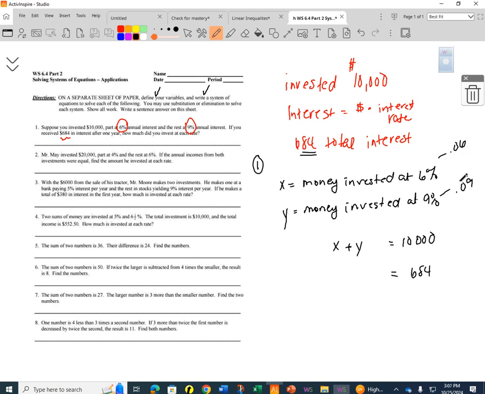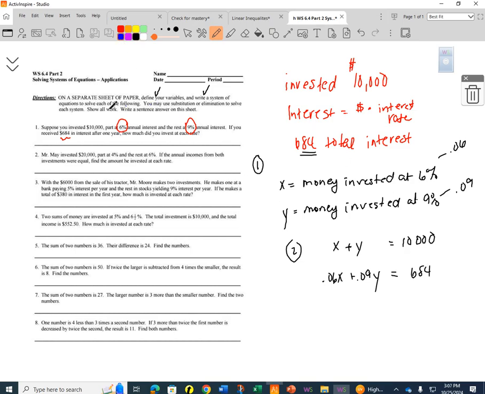So the interest on the money at 6% would be 0.06 times that amount of money, plus the interest earned on this money would be 0.09 times Y. So now we have our system of equations. Amount of money invested at 6% plus the amount of money invested at 9% equals a total of $10,000 invested. The amount of interest we earn on this pot of money plus the amount of interest we earn on this pot of money gives us our total interest earned.